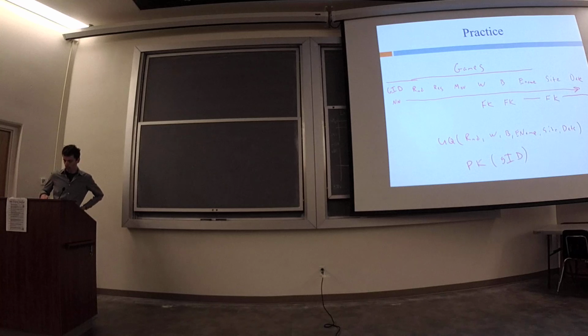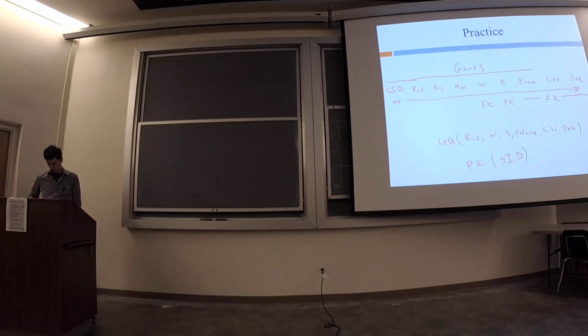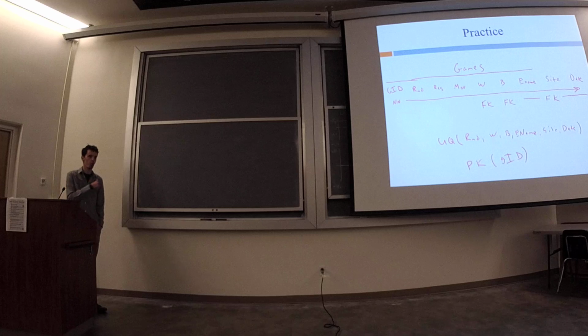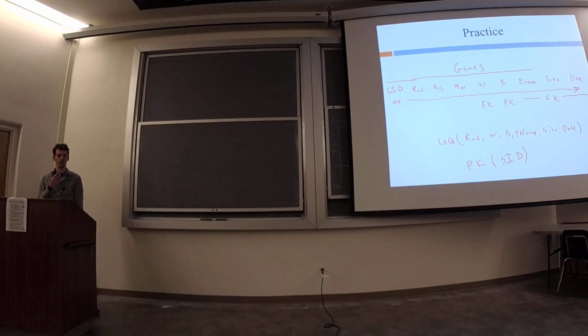So if you were doing this whole thing, translate the whole thing to schemas and then refine the keys, you would refine this key down to a single column, and then you can just import that instead of name, site, and date. That's one of the reasons why we do this. It makes foreign keys much smaller.